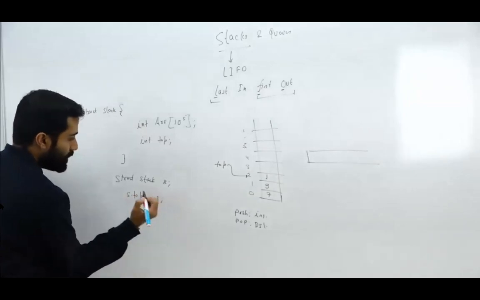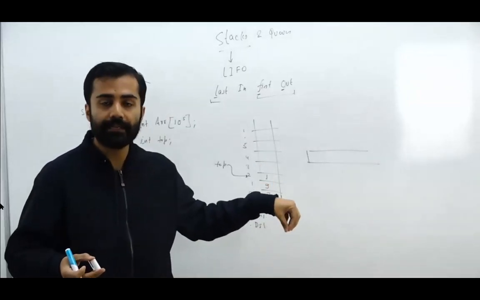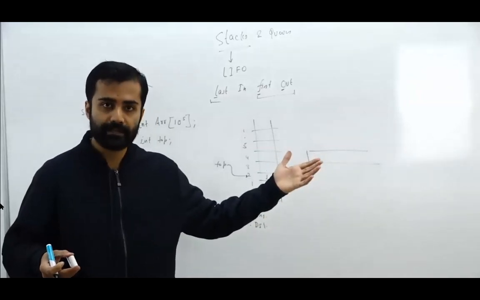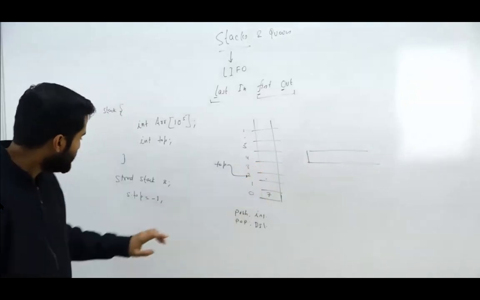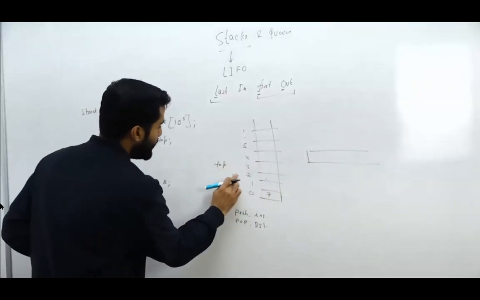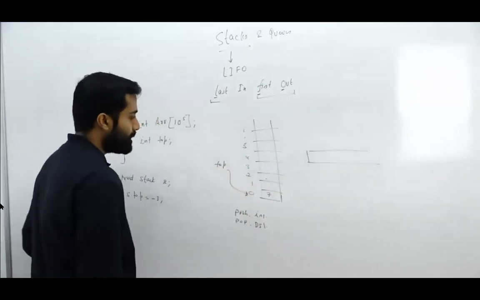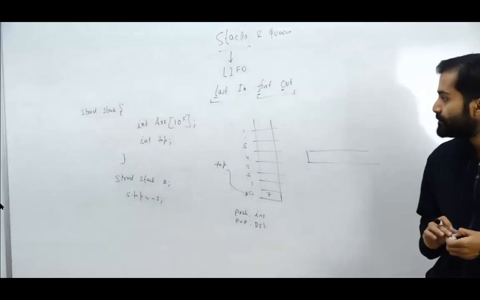Why -1? Because we all agreed that whenever we push something, we will do top++. So if you insert your first element, then doing s.top++ will make sure that your top immediately starts pointing to it. That is the reason -1 is probably the best choice over here.